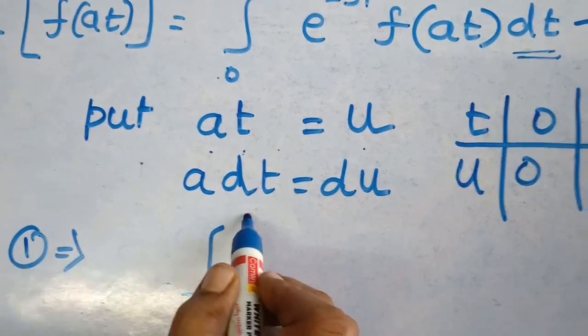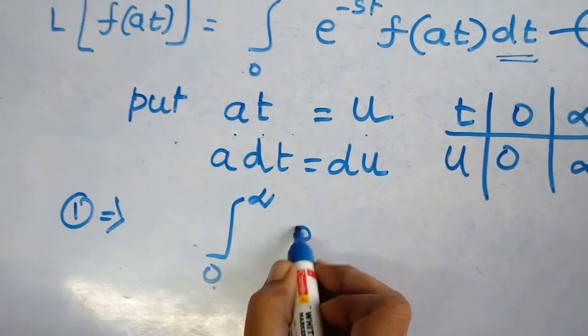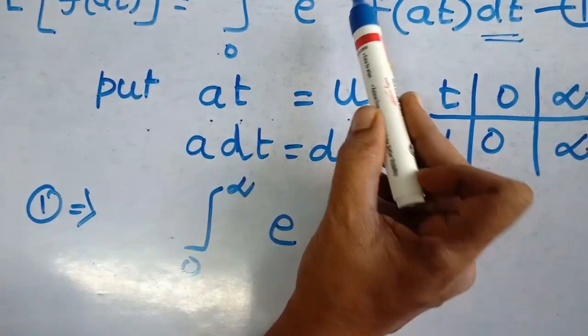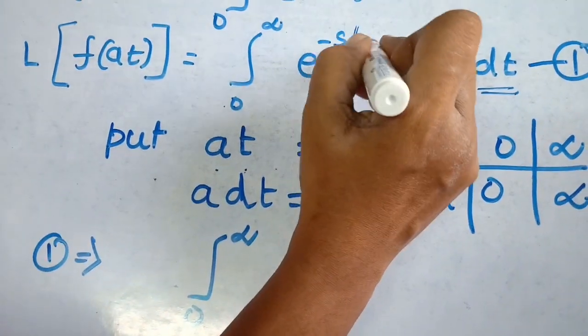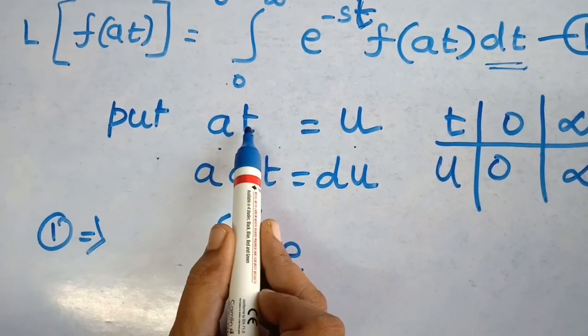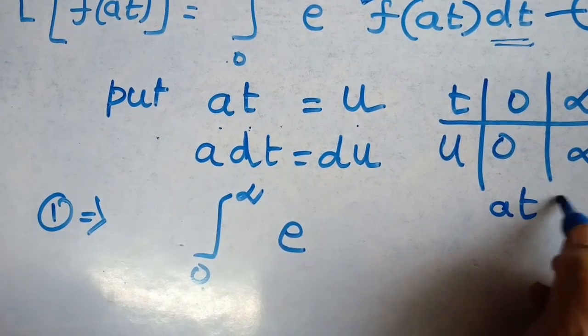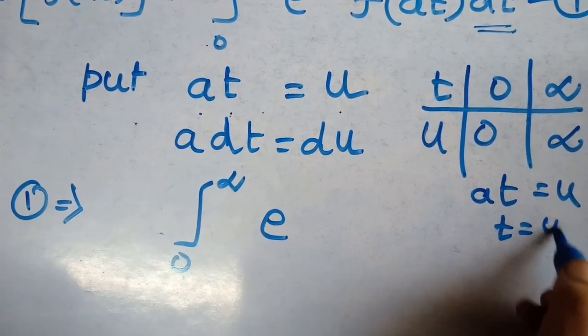So equation 1 becomes 0 to infinity, the limit remains the same, 0 to infinity. E power, I should replace u in the place of t. So what is t? t is u by a. Here at is u, so t is u by a.